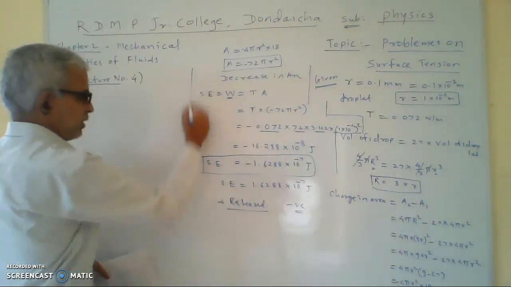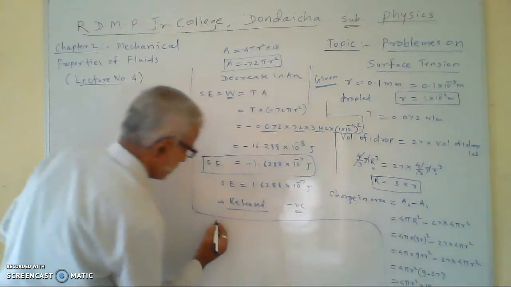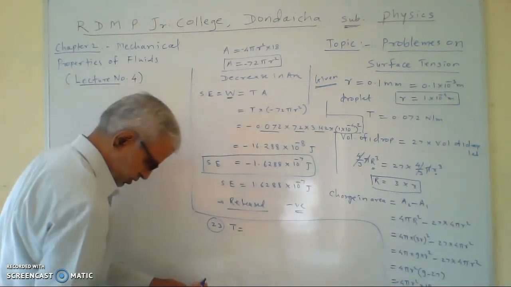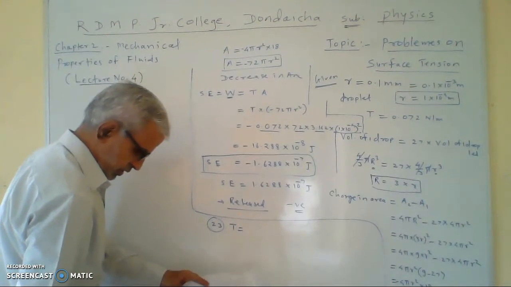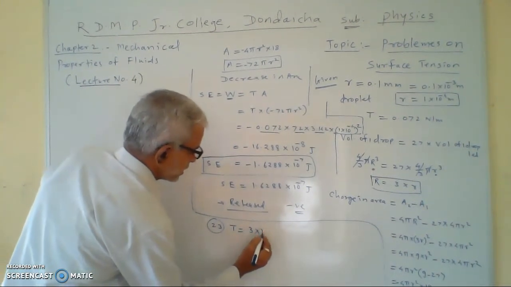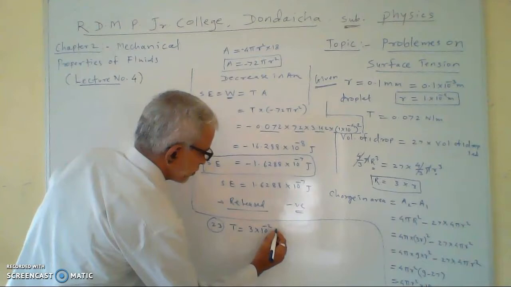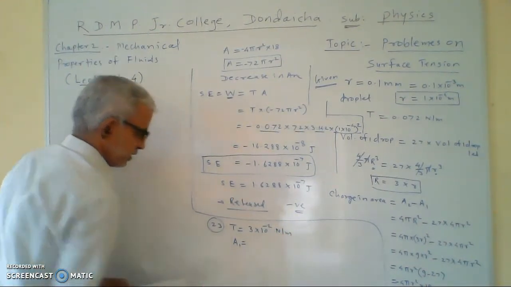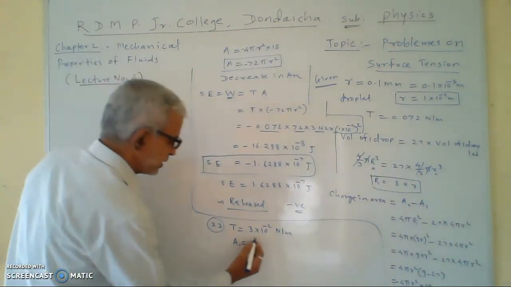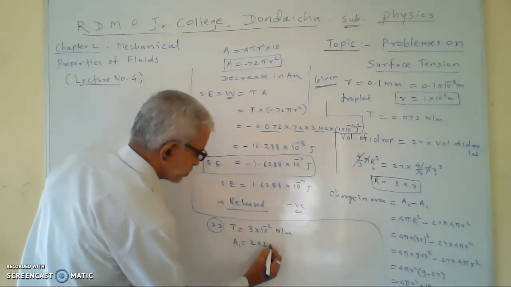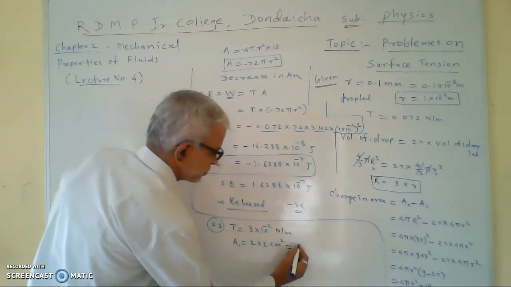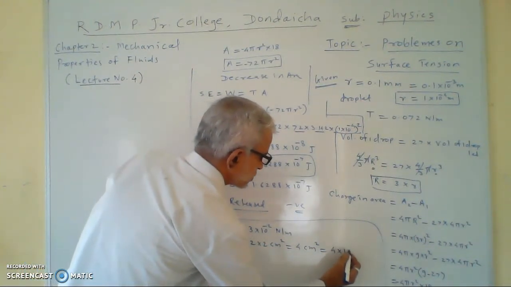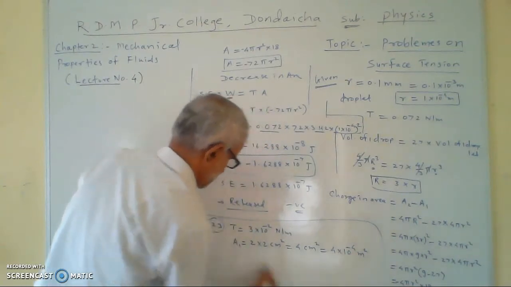So problem number 23. T is equal to surface tension, given as 3 into 10 raised to minus 2 Newton per meter. Then the initial area A1 is given, and this area is 2 by 2 centimeter square, meaning 4 centimeter square, and it is 4 into 10 raised to minus 4 meter square.